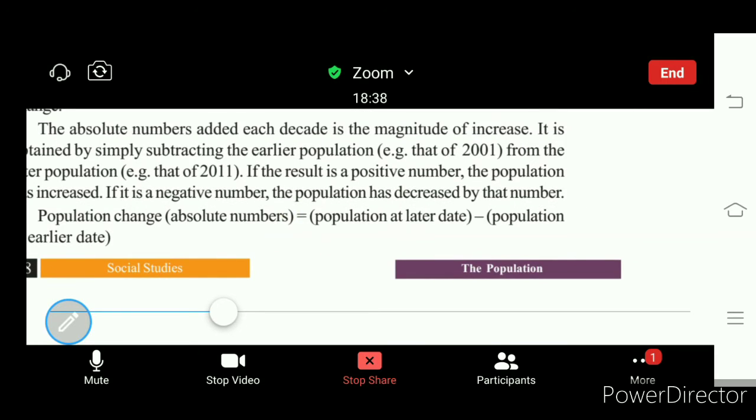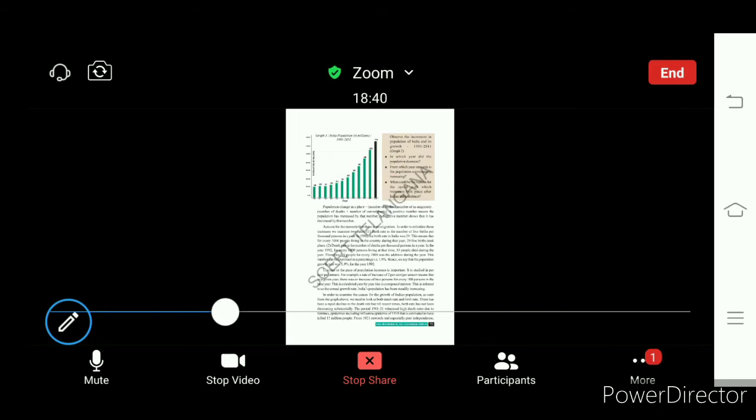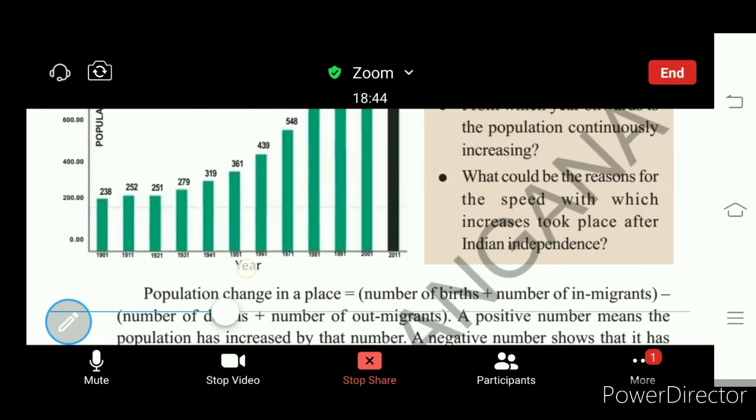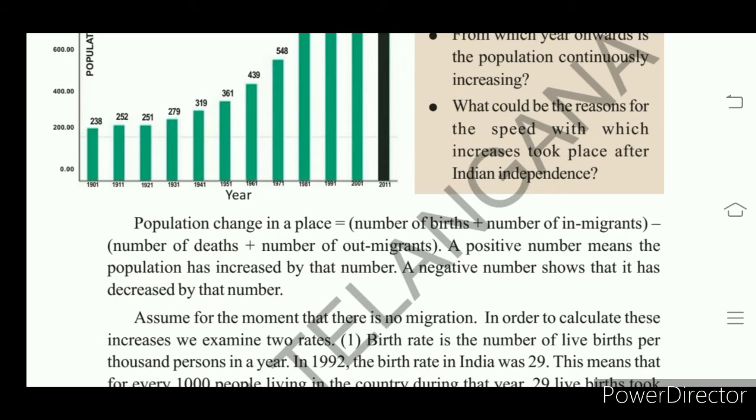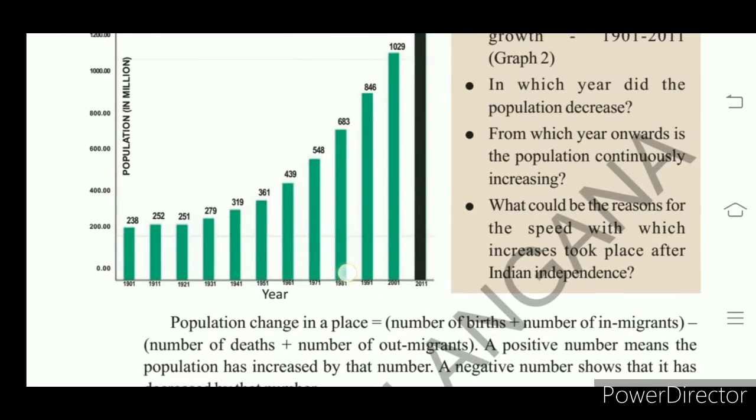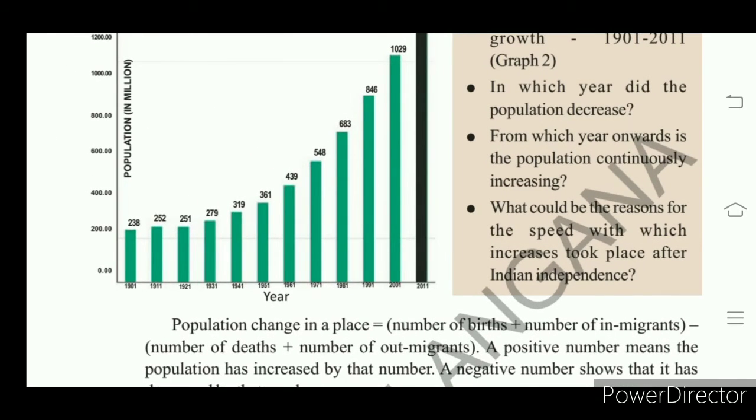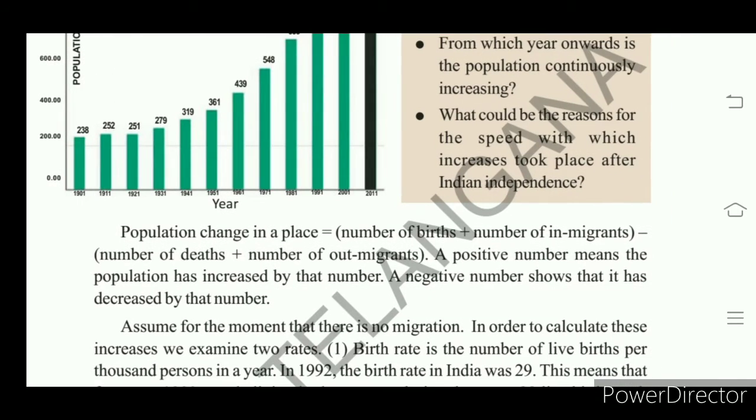Okay. Next, we will move to what happened to the population in a place. Population change in a place. How do we calculate a population change in a place? Look at that. Population change in a place we get by adding the number of births in that place.